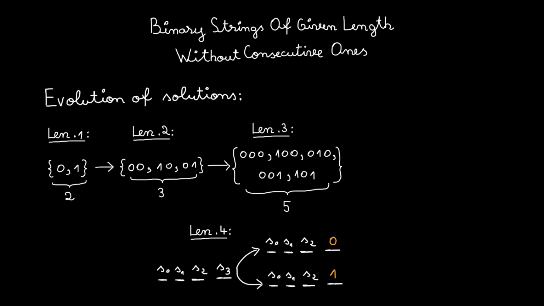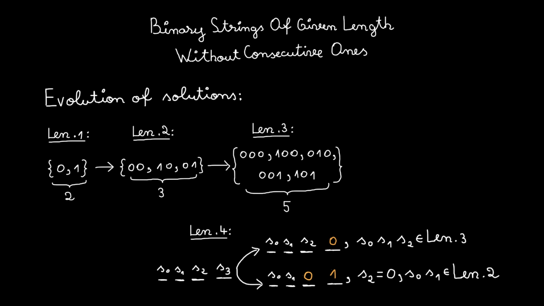Because in the first scenario, everything is fine, there is no constraint on S2. So the first 3 characters will form a string that is part of the previous set. But in the second scenario, S2 cannot be equal to 1, so its value is 0, and the prefix of length 2, S0, S1, is part of the set of valid strings of length 2.